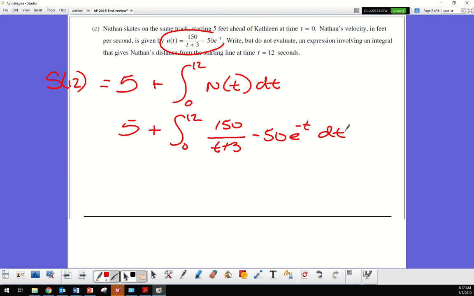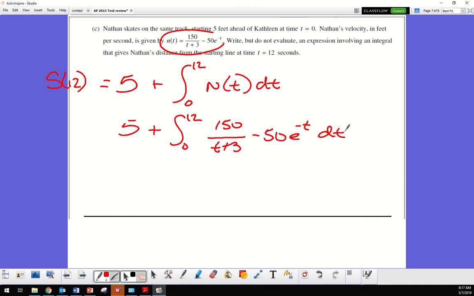Can I, for example, write instead of 5 plus, can I write the integral from 3 to 12 instead? No. Because you're starting at the same time. He's just starting 5 feet ahead.